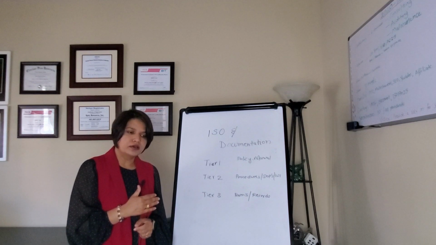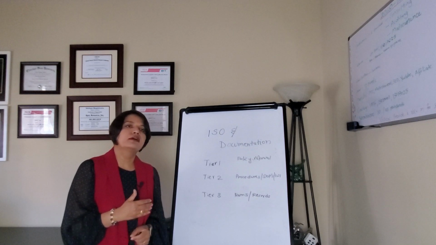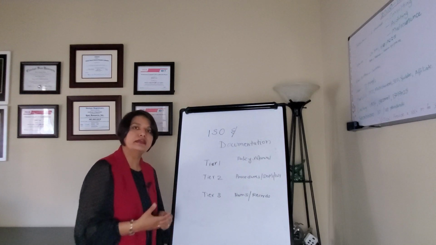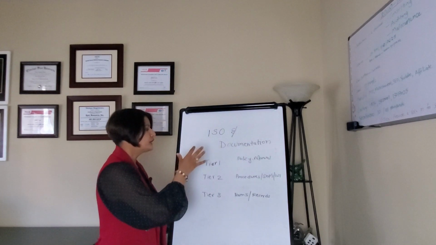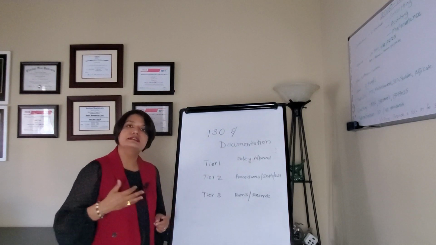So a small or a micro size organization doesn't need to have all these tiers. It can be very simply documented. One manual which has the procedures defined within it, which have the forms identified, is sufficient.